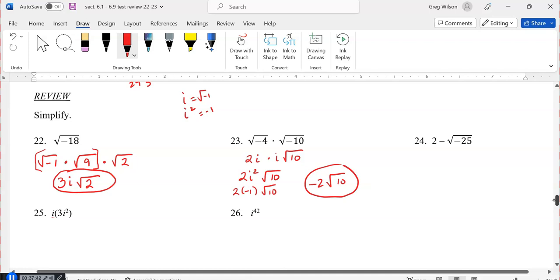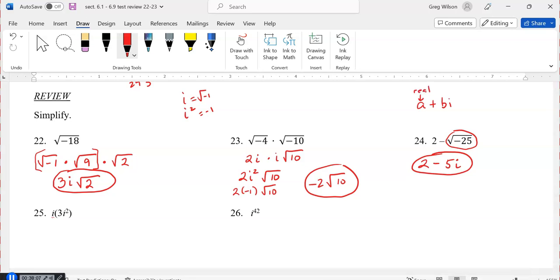All right, number 24. I just have to simplify. It's pretty easy to simplify the square root of negative 25, and that's 5i. And just make sure that when you write complex numbers, a complex number is part real and part imaginary, but the real part always has to come first.